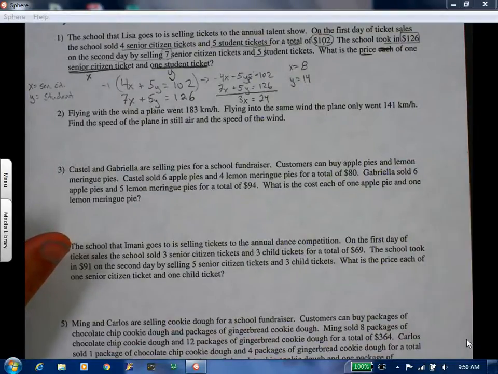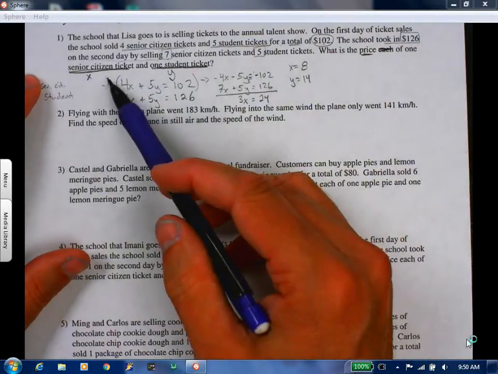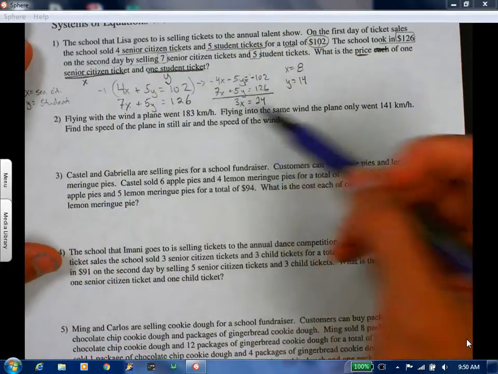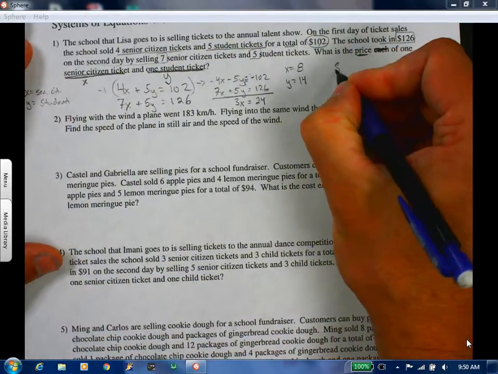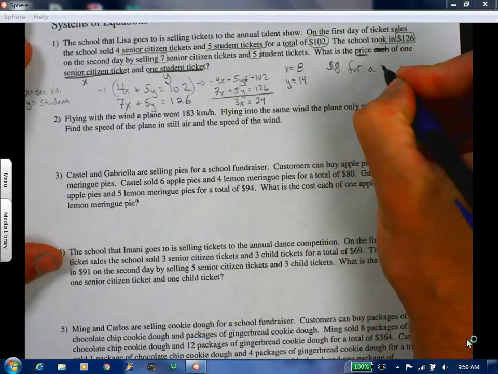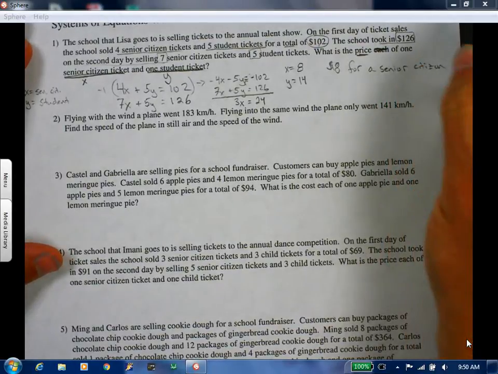Now what's the answer to the question? You have to make sure you answer the question now. What's the price of one senior citizen ticket? So we're going to say $8 for a senior citizen ticket, $14 for a student ticket.